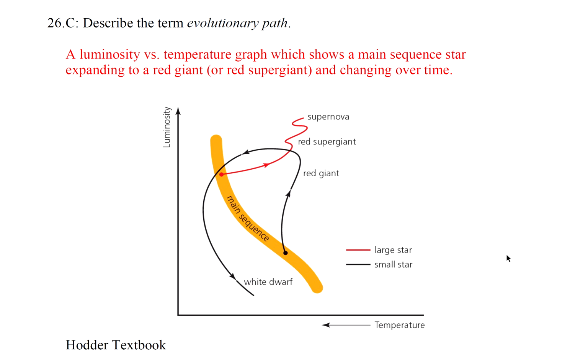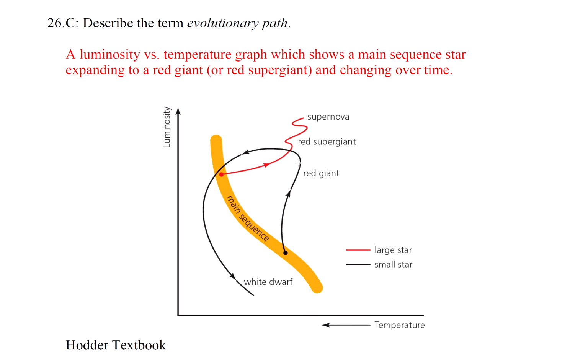Question 26. Describe the term evolutionary path. So it's a luminosity versus temperature graph which shows a main sequence star expanding to a red giant and changing over time. So you can see the main sequence star in yellow, this strip. Look at this black part here. First, it becomes a main sequence star. Its luminosity increases, its temperature is pretty much the same.